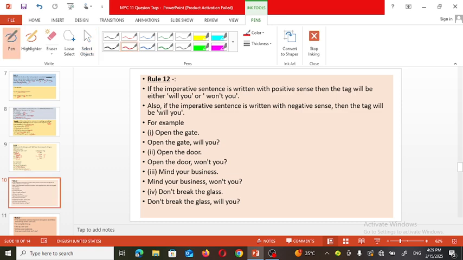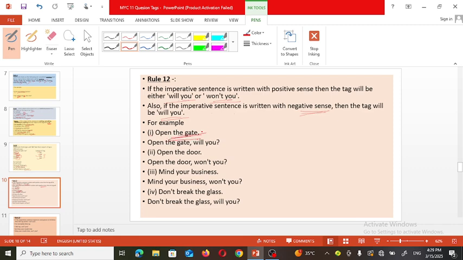Now see the next rule. If the imperative sentence is written with a positive sense, then the tag will be either will you or won't you. So both can be there. And if the imperative sentence is written with a negative sense, then the tag will always be will you. For example, open the gate means an order is given here.